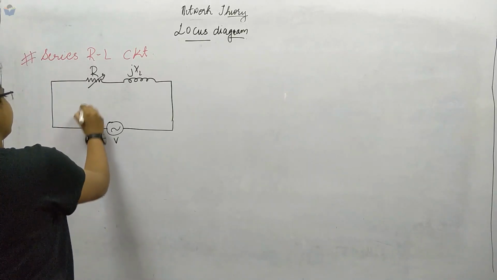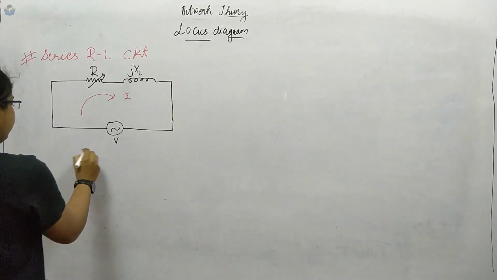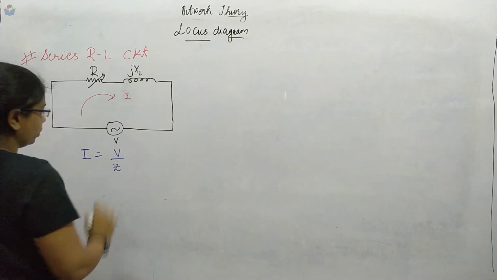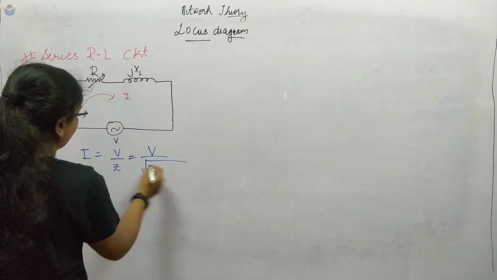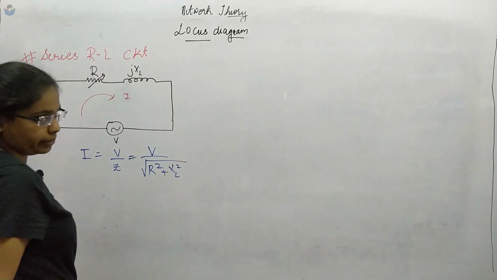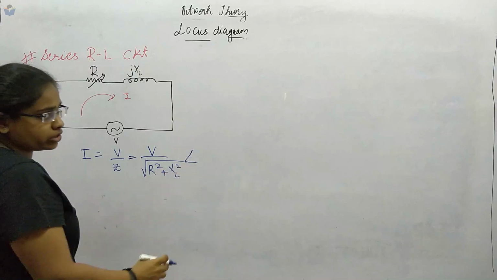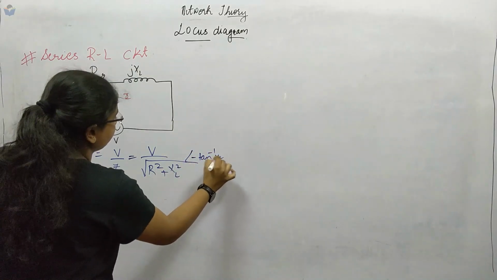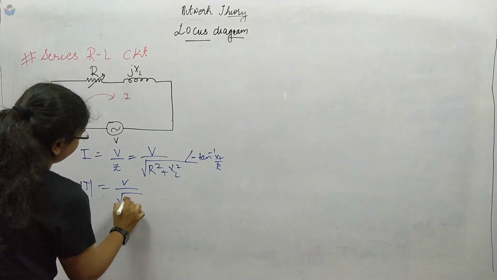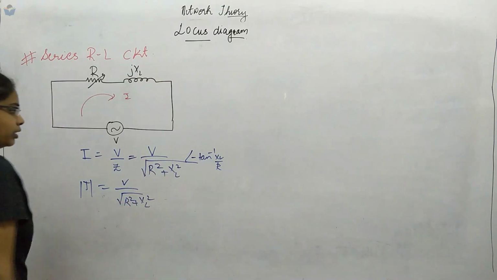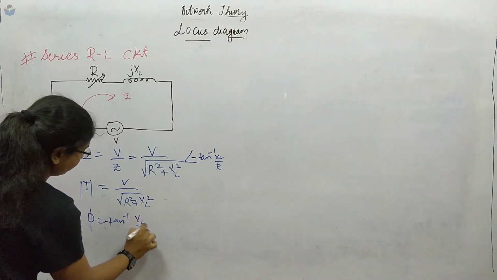If we assume the current is flowing in this direction, the equation of the current is I equal to V by Z. You can write the impedance with magnitude root of R square plus XL square, and the angle is tan inverse XL by R. For the current it will be minus tan inverse XL by R. So the magnitude is V by root of R square plus XL square, and our angle will be minus tan inverse of XL by R.